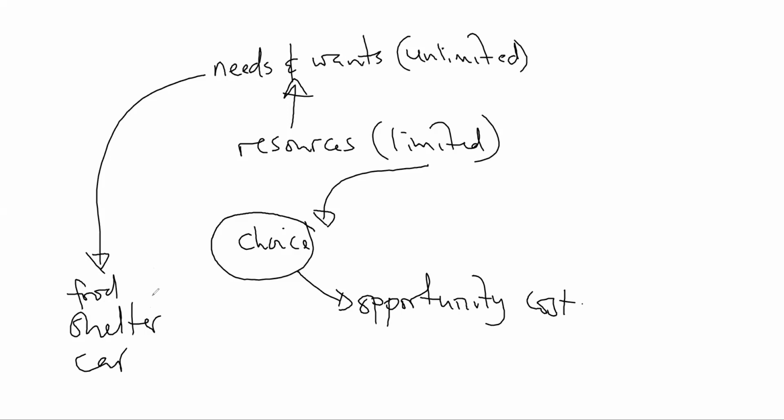The same applies if you go for shelter. The next best thing you could have gotten maybe was a car. The opportunity cost of having a shelter is expressed in terms of the number of cars that you are not getting. That is the concept of opportunity cost.